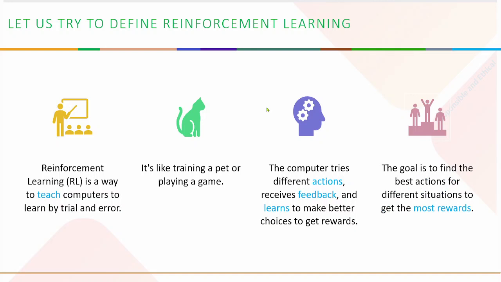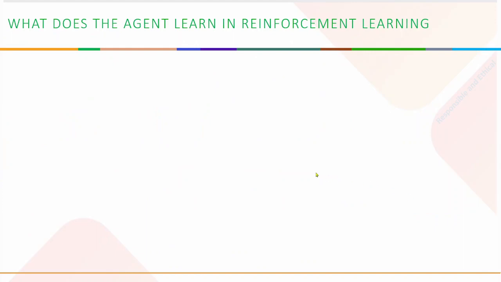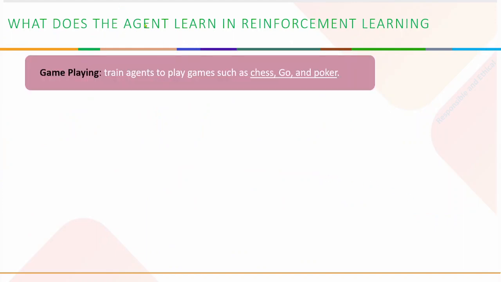Essentially, the objective is to make the model choose the action in such a way that it accumulates most of the rewards. That means it achieves the goal. Let's take an example. So the agent is the computer in reinforcement learning, or the main software in a reinforcement learning algorithm is called the agent.